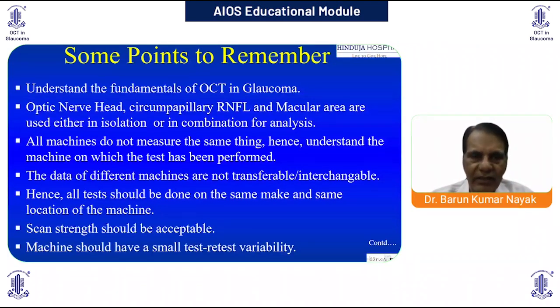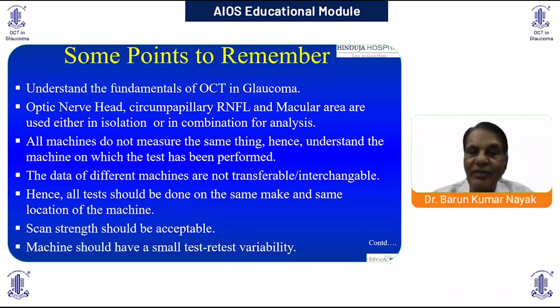Optic nerve head, circumpapillary retinal nerve fiber layer, and macular area. These assessments are used either in isolation or in combination for analysis. Also, all machines do not measure the same thing, hence understand the machine on which the test has been performed.